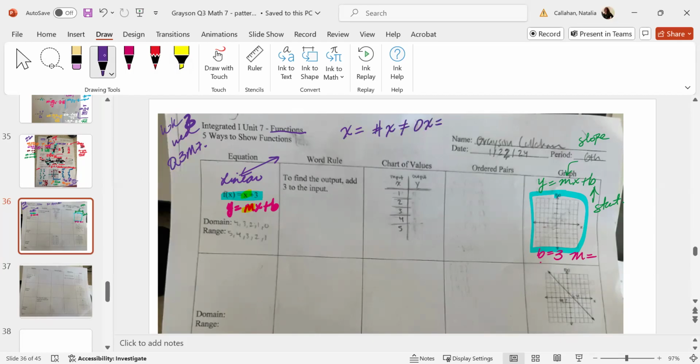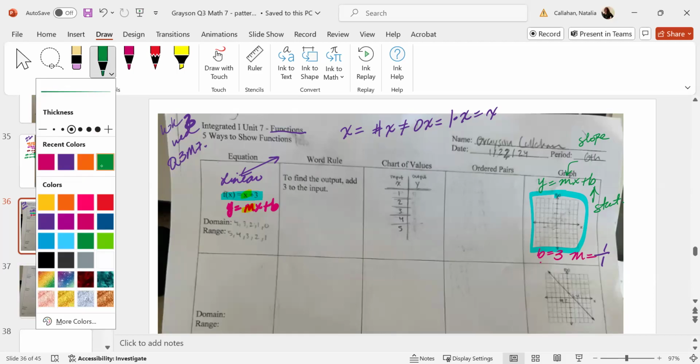What is it? What times x equals x? 1 times x equals x. So what is your slope? Slope is always in the form of a fraction. It's 1 over 1.